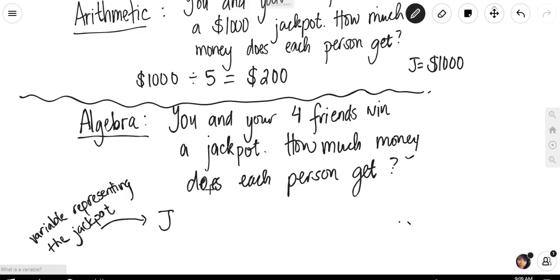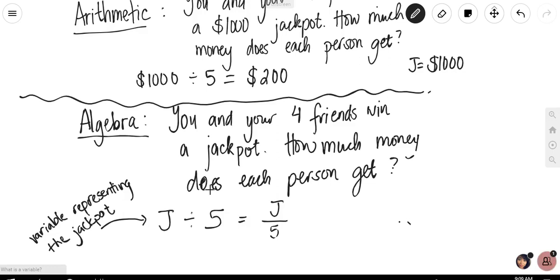Now you can still work with this variable. Even though you don't know its exact value, you can still do operations with it. You can do all sorts of things with it, including, if we have the jackpot and we're splitting it up amongst people, we can divide it by 5. Okay? So each person gets 1/5 of the jackpot per person.